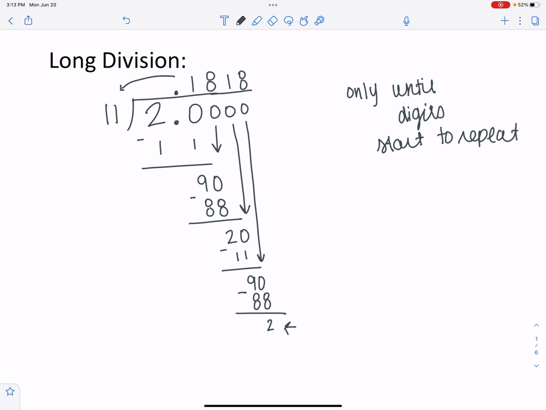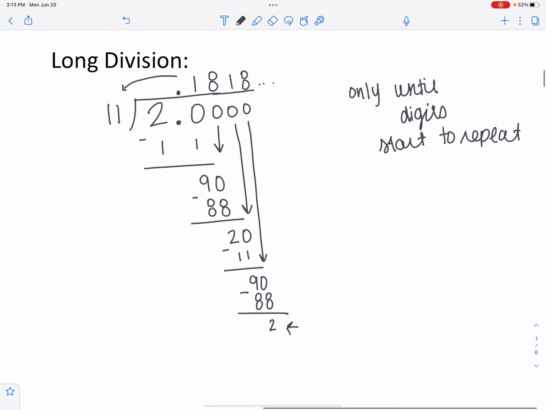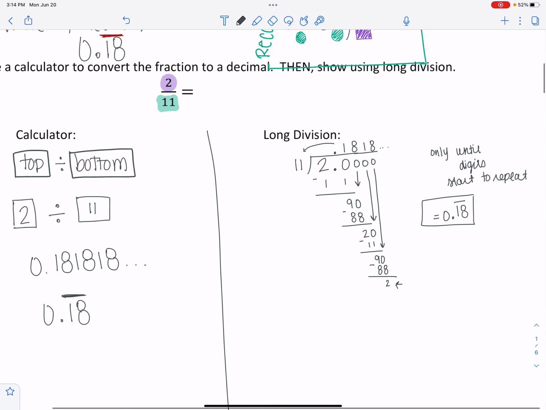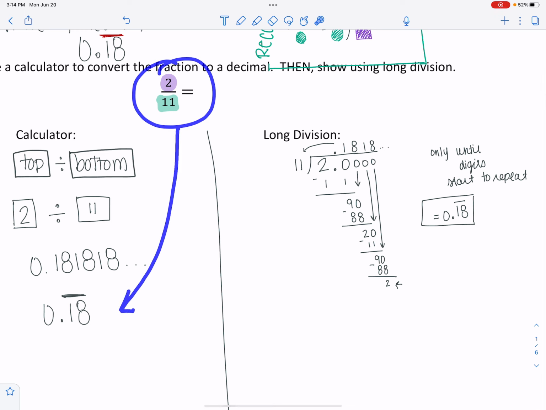Now I don't want to write it as 0.181818 with the dots. I want to simplify this to be 0.18 with the bar over top. And so I have written this fraction, 2/11, as a decimal with two different methods, using a calculator on the left, using long division on the right.